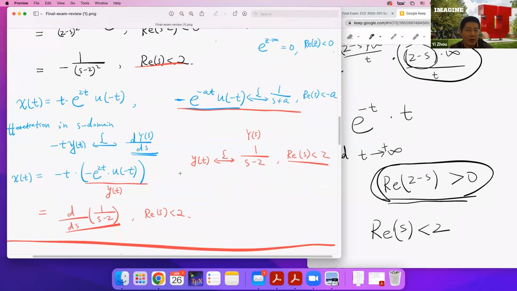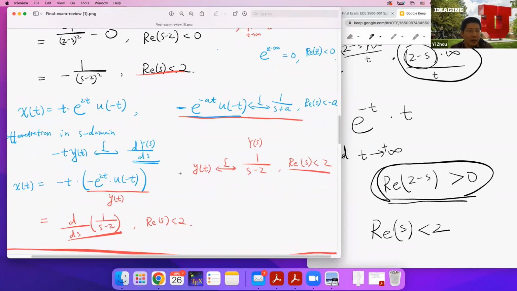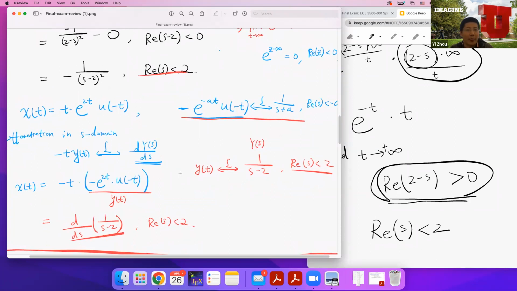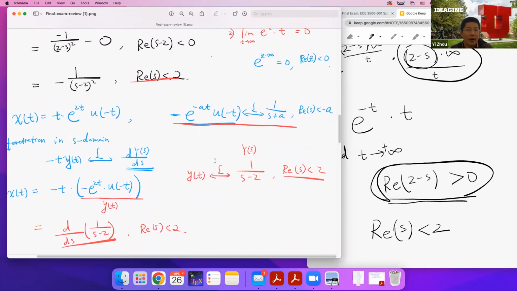Now here's how we apply this one. First of all, I define this signal as y(t) with a equals -2. As we discussed previously, when we set a to be -2, this part of the signal equals this part of the signal of interest.